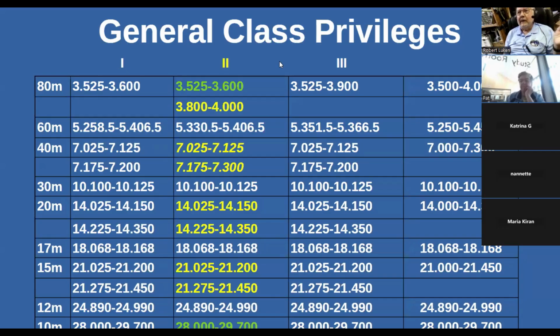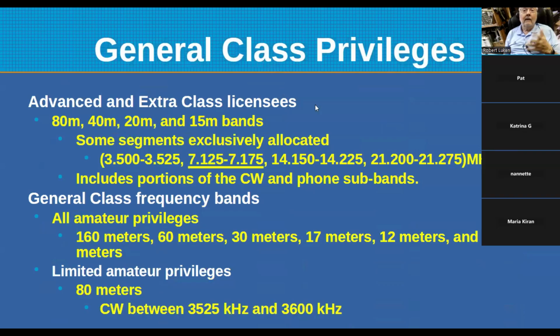Any other questions about this? I know it's a lot of numbers, but we can come back. So on those 80, 40, 20, and 15, which are the ones I did in yellow, we have those sub bands that are allocated to advanced and extra.